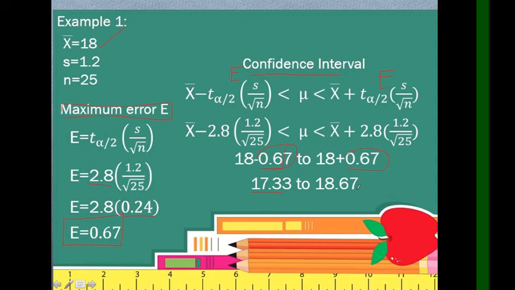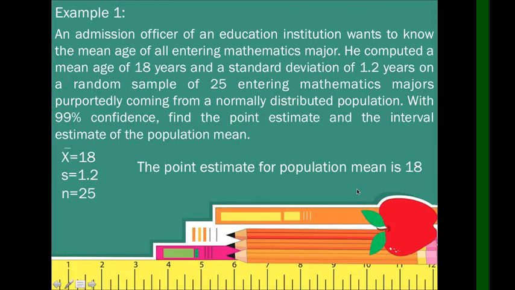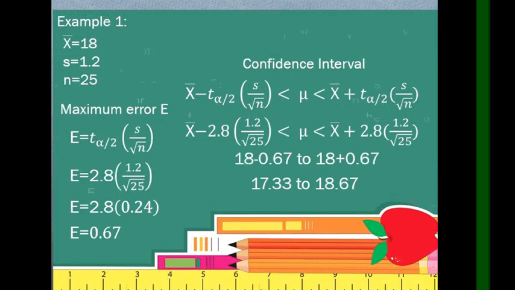The interval is 17.33 to 18.67. The problem was the mean age of all the entering mathematics majors. Their age has an interval of 17.33 to 18.67 years old.